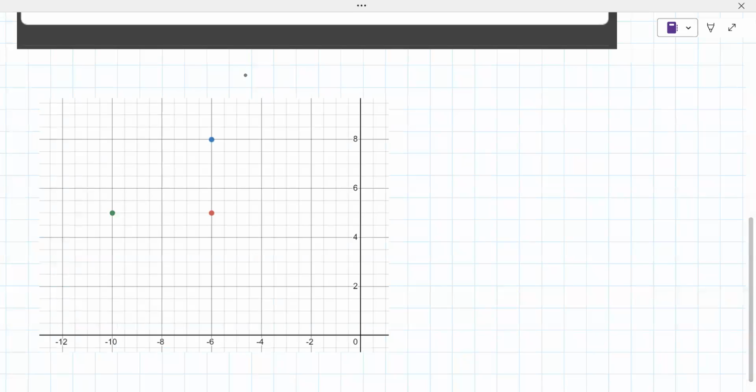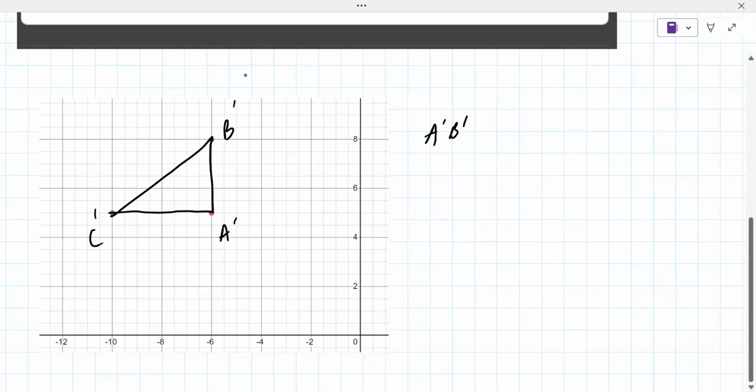So to do part C, here's the original. And I didn't label these, but this is A, B, and C, or A, B, and C prime. So we have to find the distance from A prime to B prime, B prime to C prime, and C prime to A prime. We have to find those 3 distances. So the easy ones are the ones where you're going straight up.